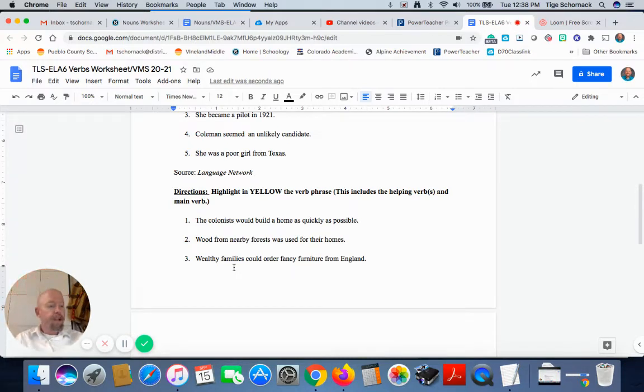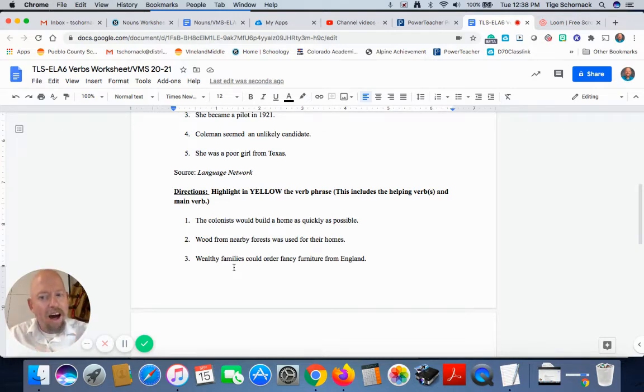Now remember, helping verbs can look a lot like linking verbs as well. They're words like has, had, have, may, might, must, do, does, did, could, should, would, be, been, being, will, would. I think I said has, have, had. If I didn't, I did now. Okay.